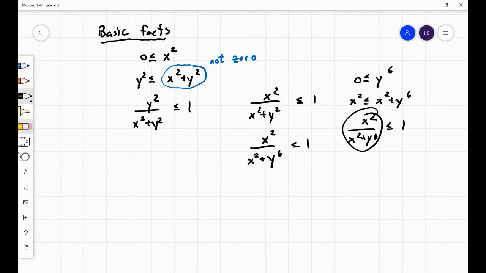So, you also want to know the definition of limit, right?